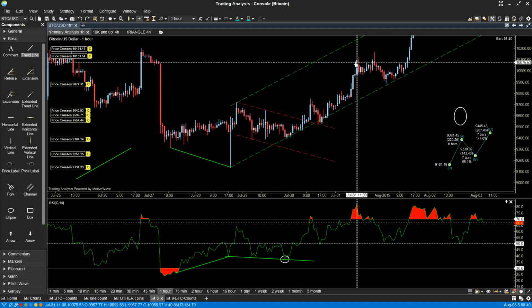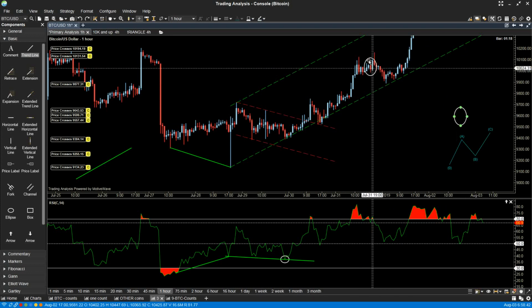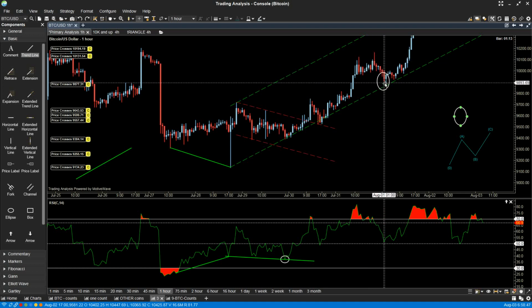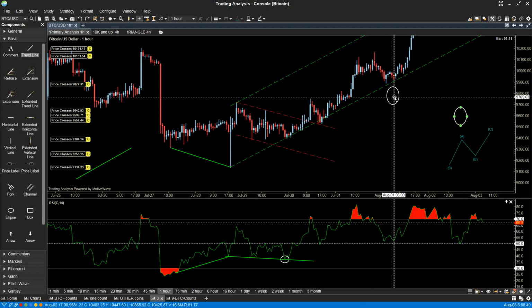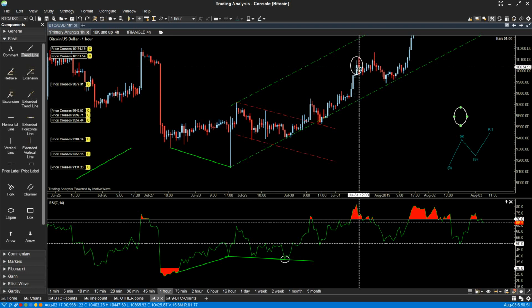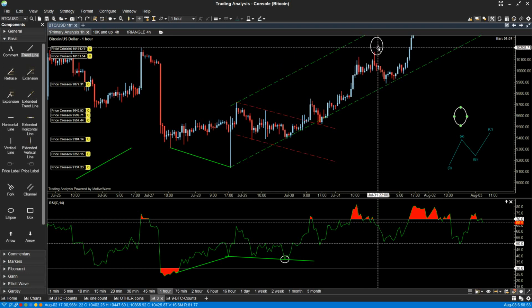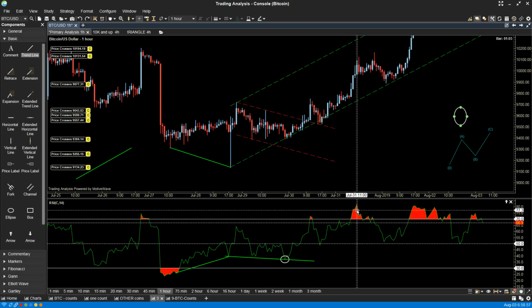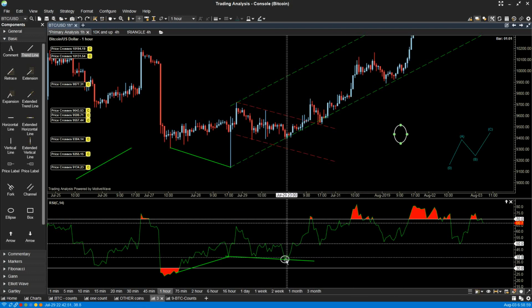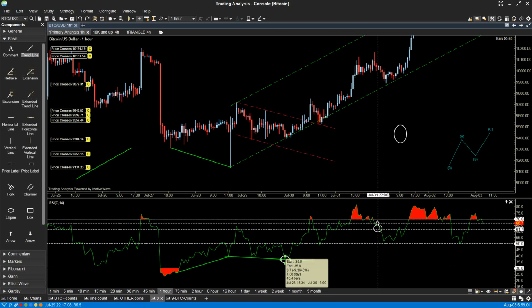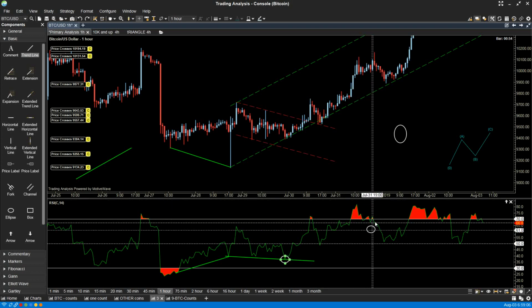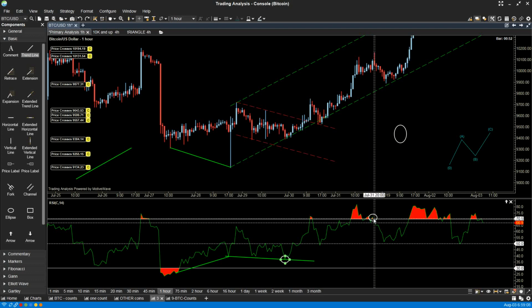How did the market reset right here? You have 3 swings. This is the 0, 1, 2, 3. The second one went higher, which is something that you're going to see. But look at RSI. It did not go higher. 1, 2, 3. The second one is not higher.